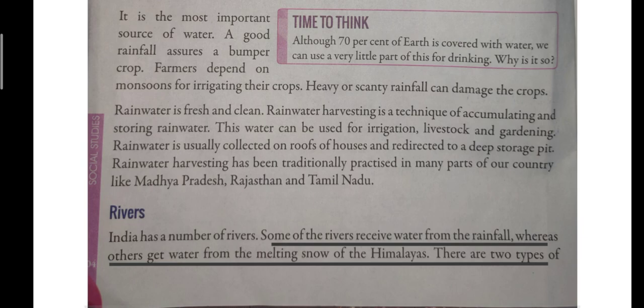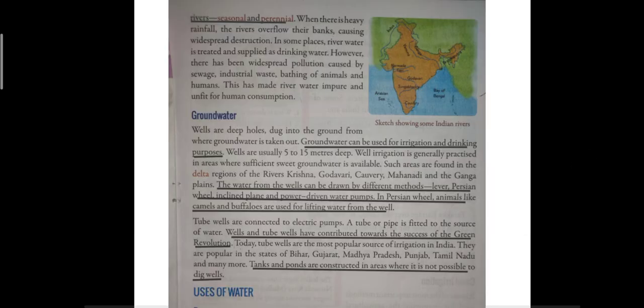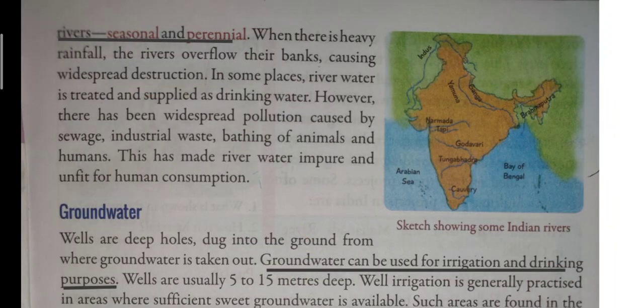Some of the rivers receive water from the rainfall, whereas others get water from the melting of the Himalayas. There are two types of rivers, seasonal and perennial. When there is heavy rainfall, the rivers overflow their banks, causing widespread destruction.